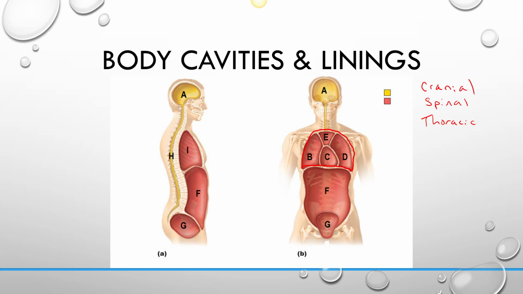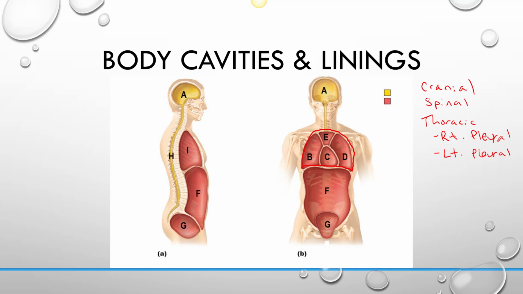We have the right pleural cavity, abbreviated RT pleural, and that contains the right lung. Then we have the left pleural cavity, and that contains the left lung.